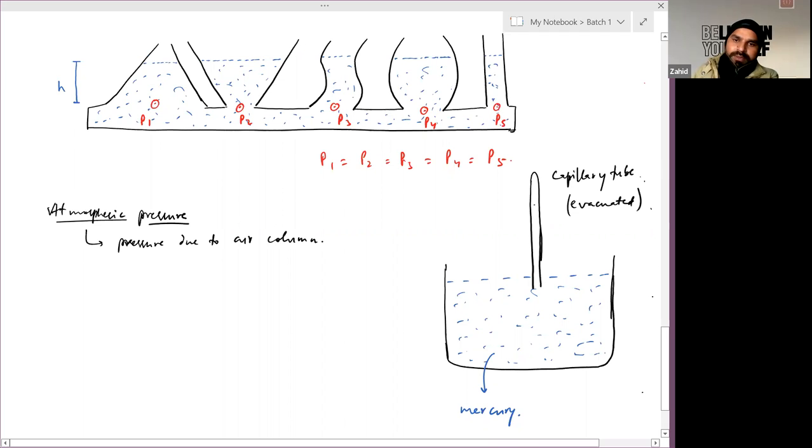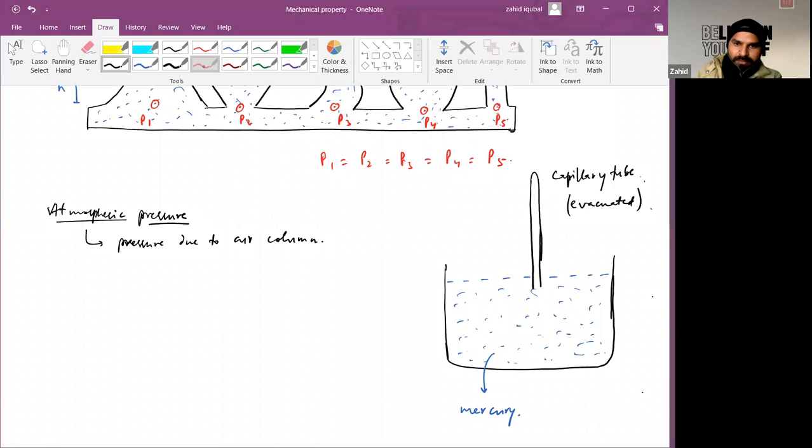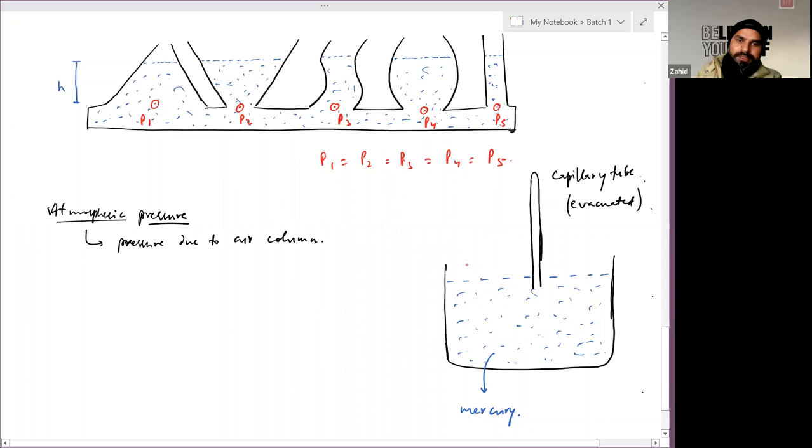It means there is no air inside it. Now it is placed into this particular bath like this. Now suppose a point A and another point B.